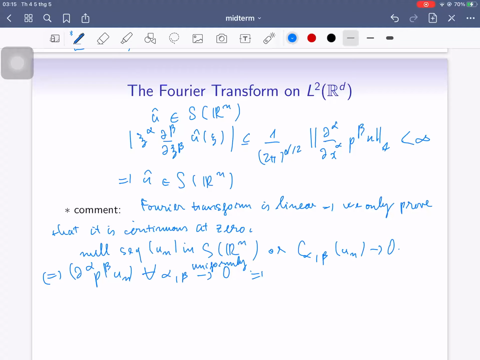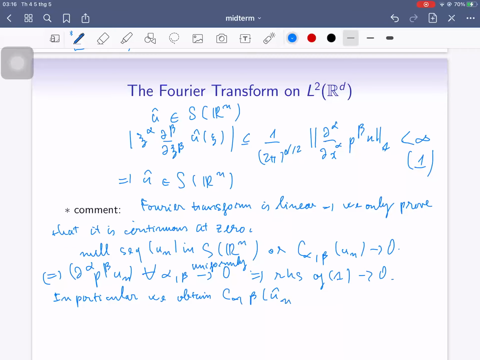So we have the right hand side go to 0. In particular, C alpha beta of u_n hat goes to 0.